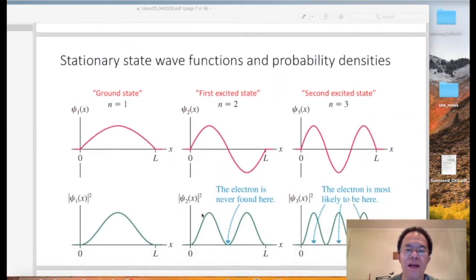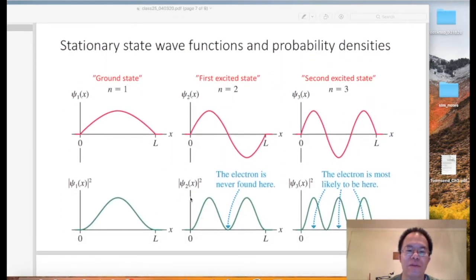Let's look now at the stationary state wave functions. So here's my ground state where I've got sine pi x over L up to the normalization, so we get one bump between 0 and L. Our first excited state with n equals 2, we get another wiggle here, ditto for n equals 3.